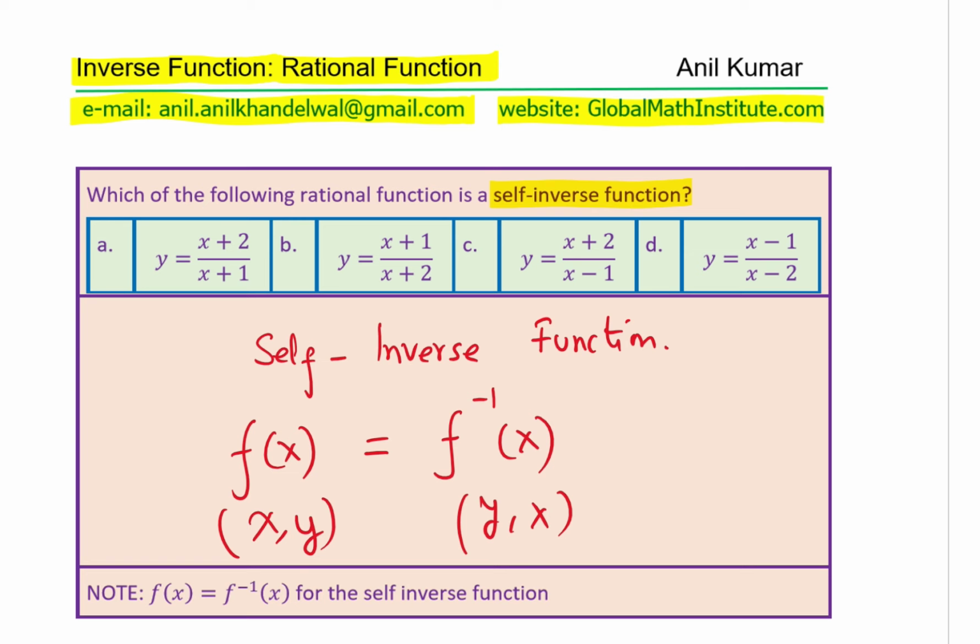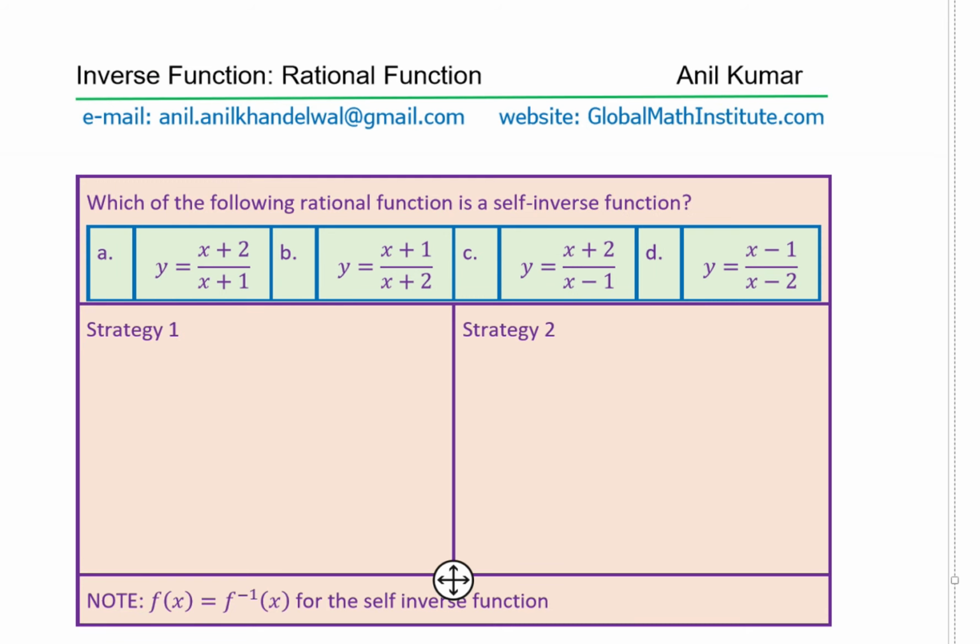Let's look into the strategies to solve such questions. Sometimes time is important and a constraint in a multiple choice, and therefore I'm going to discuss with you two strategies. Let's talk about one strategy which is obvious, and that is find the inverse of each function.